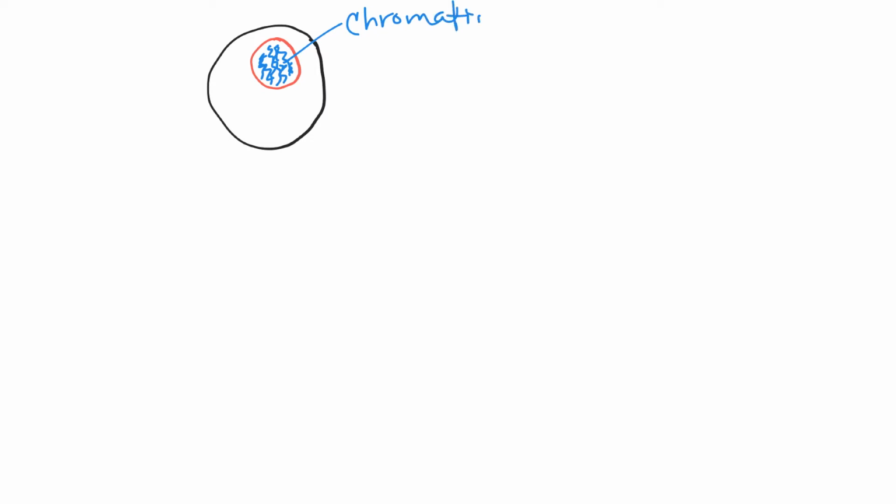And then when the cell starts to divide, that chromatin condenses into a chromosome. We can look at chromosomes like this. And each chromosome is made up of strands of DNA, and DNA is double-stranded, right?